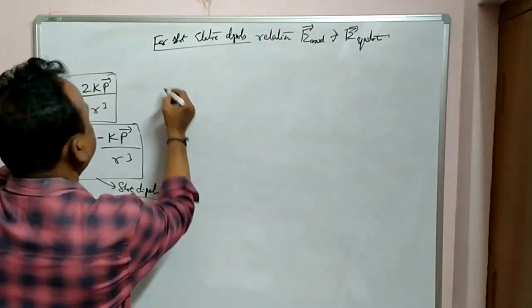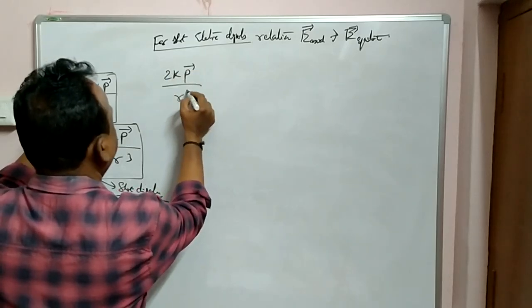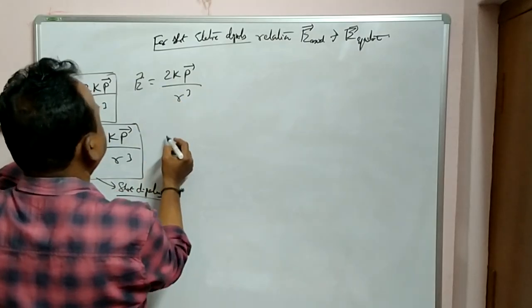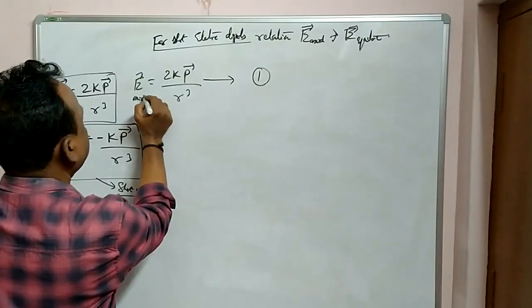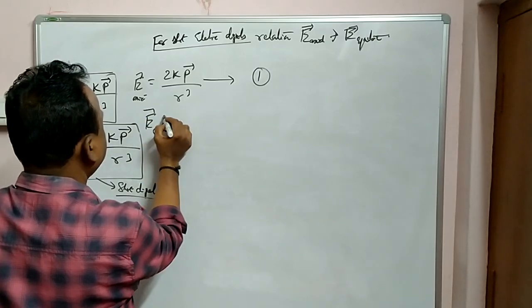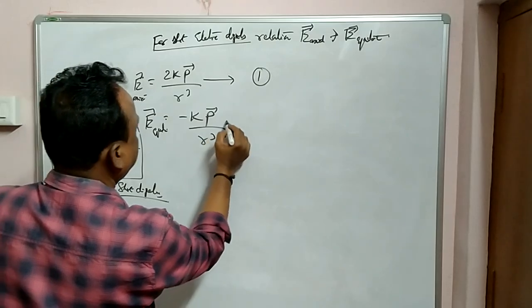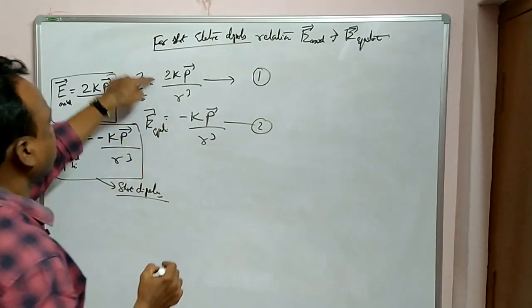So E axial ఏంటి మనకి 2kp vector by r cube, short axial. అలాగే E equatorial ఏంటి? E equatorial minus kp by r cube. సో జాగ్రత్త అబ్జర్వ్ చేయండి.